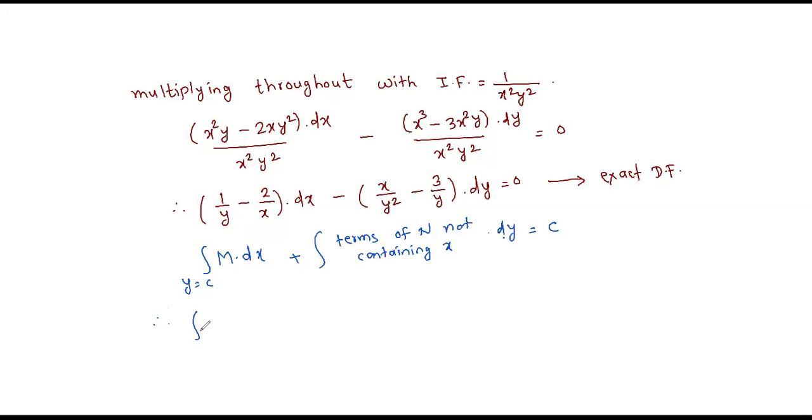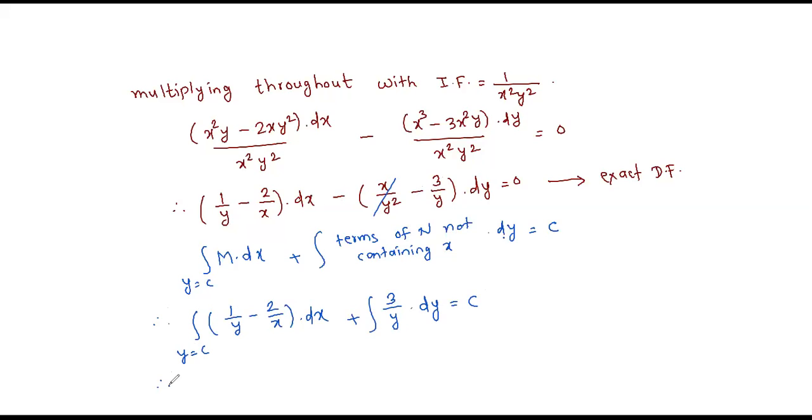So what is integration of m dx? What is m? (1 upon y minus 2 upon x) into dx. We have to keep y as constant, plus integration of terms of n not containing x, so this is neglected. So minus minus, it will become plus 3 upon y into dy is equal to constant.